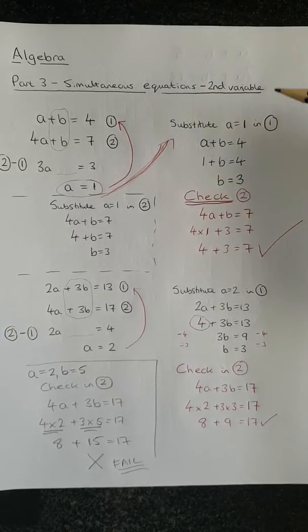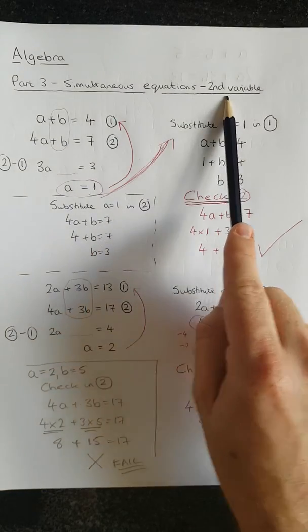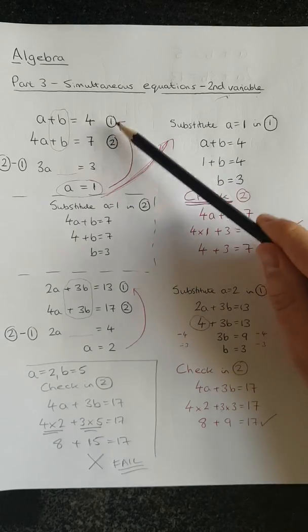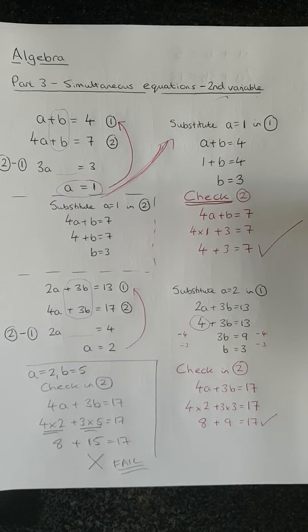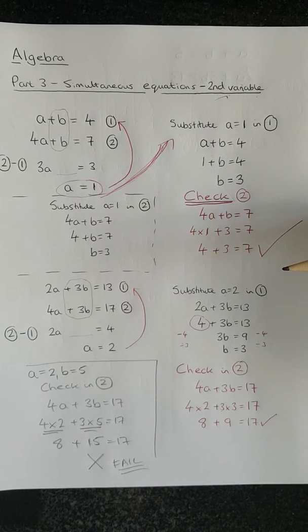So what we've done here in part 3, we have found the second variable by substituting into one of the equations. Now we often pick the one with the smaller numbers to make it easier.